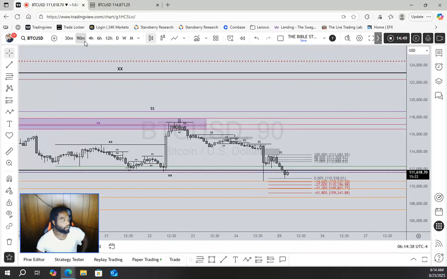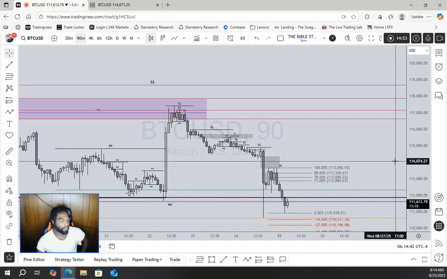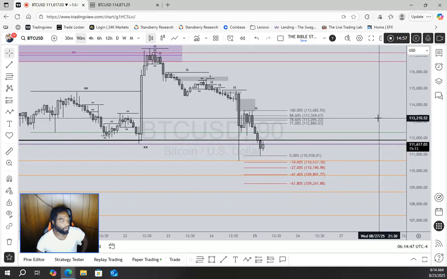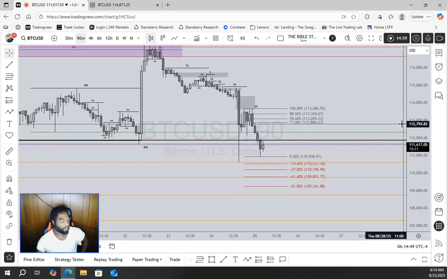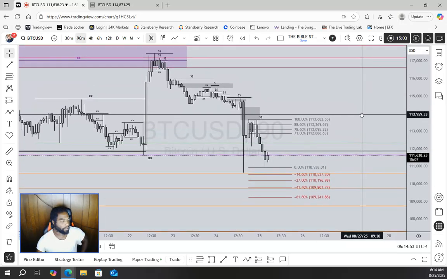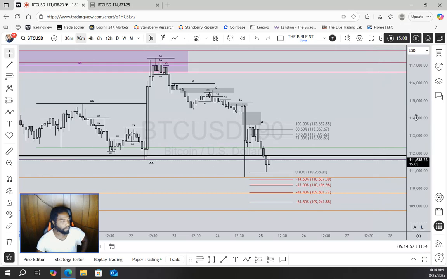Now we can scale down to my handy dandy 90-minute to determine what price is doing on the 90-minute inside of that 12-hour price action. So as we can see here on the 90-minute, price is bearish. Price is still bearish here on the 90-minute.